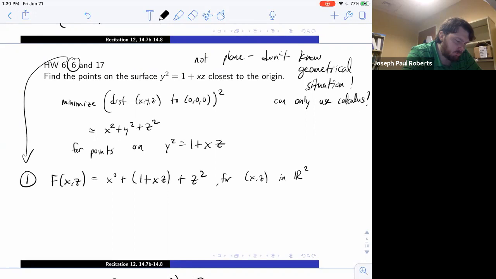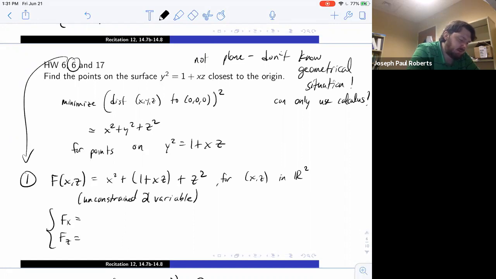We'll be doing an unconstrained two-variable optimization, which means we set both the x and z partial derivatives to 0.